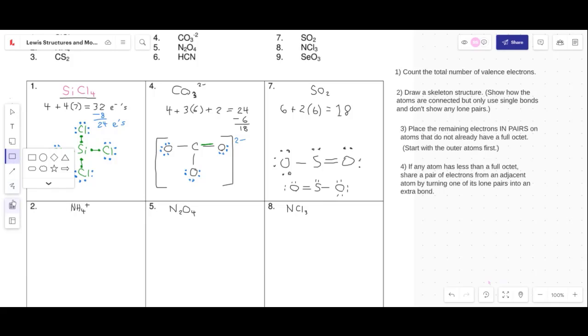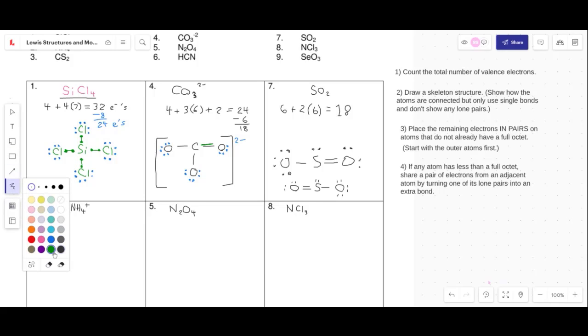In those cases, we call that resonance. So this is one resonance structure, and this would be a second resonance structure.